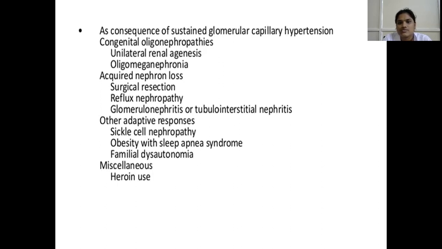It can also be seen as a consequence of sustained glomerular capillary hypertension. So these are the conditions in which it is seen: glomerular nephritis or tubulointerstitial nephritis, acquired nephron loss, congenital causes, adaptive responses, and drug abuses.